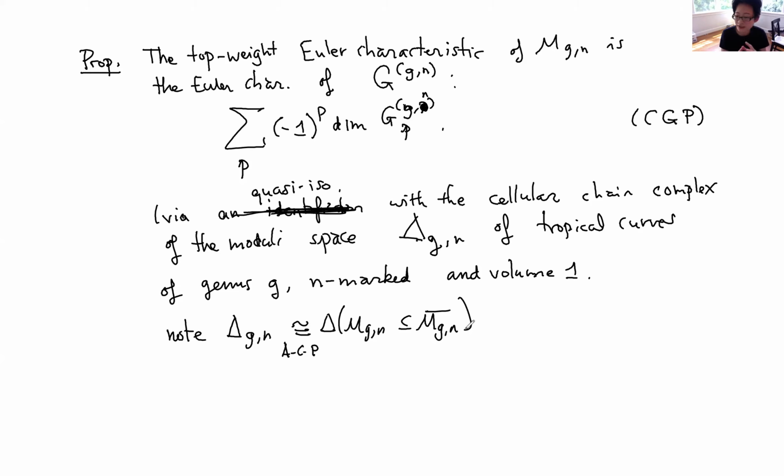And then the machinery that you are learning about in Stegosaur then identifies the rational reduced homology of this boundary complex, up to a degree shift, with the top weight cohomology of the open moduli space MGN being compactified. So that whole sort of litany of translations is what's behind this proposition.